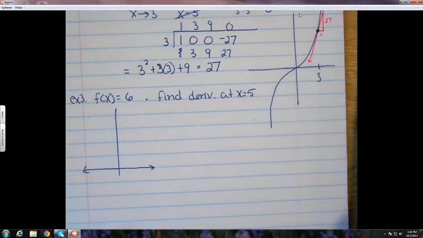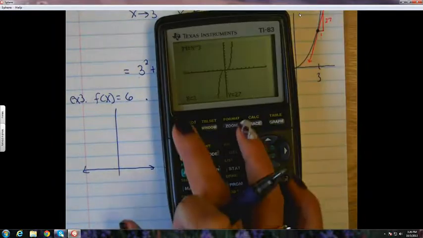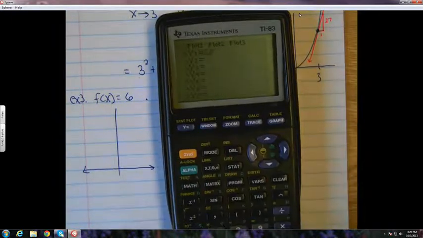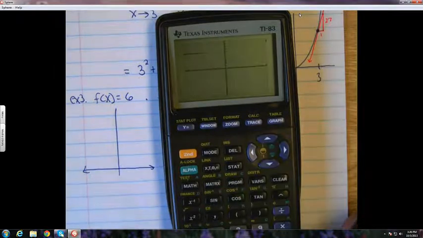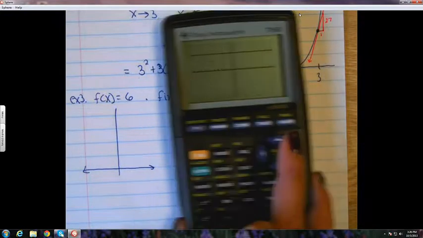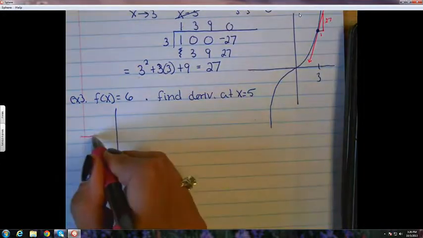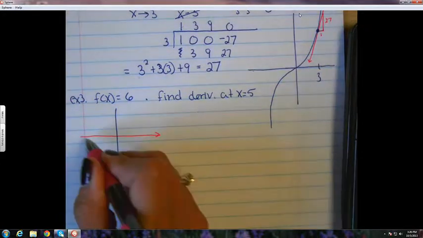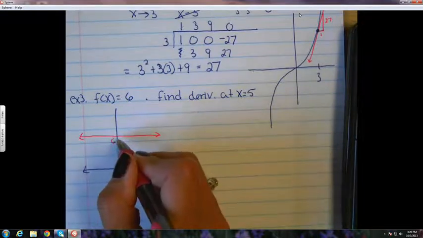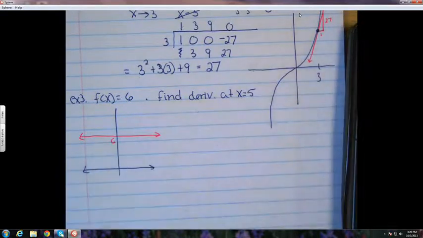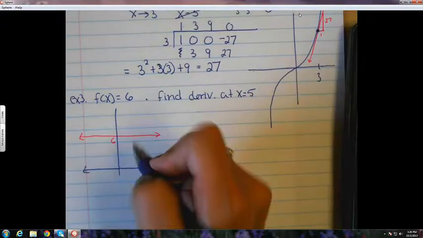Y equals 6. If you didn't know and don't remember, it's just a horizontal line at 6. So y equals 6 looks like this, going through that y value of 6. Okay, and we're going to find the derivative at 5.